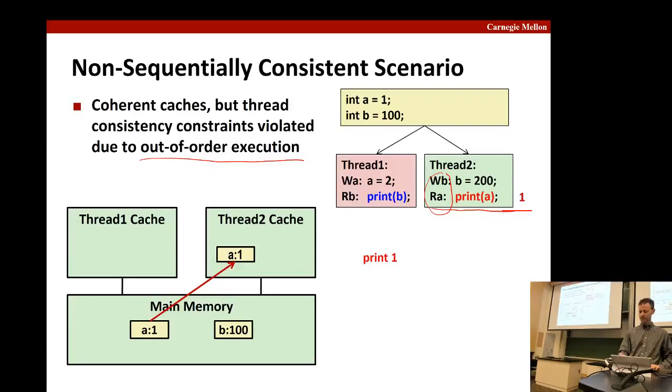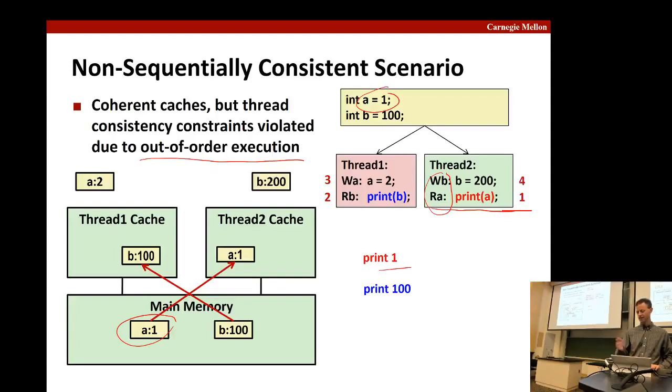Therefore you print 1, because that's the current value of A. And similarly on this side, you could have this one go first, and then later the writes to A and B occur.